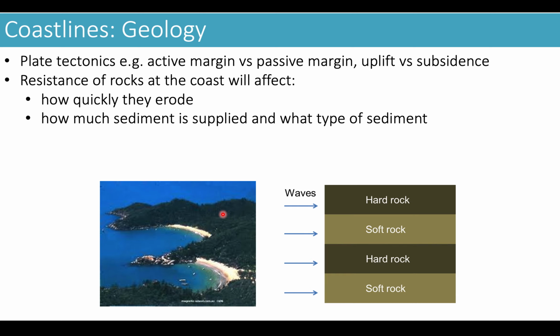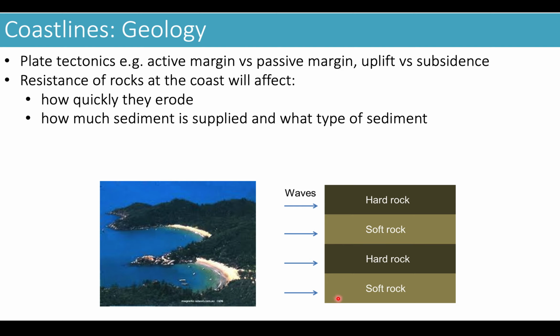If you're a geologist looking at this picture, what you're thinking is, oh, right here, this is very hard rock. This is very soft rock. Here we have hard rock again, and here there's very soft rock. Because the waves along this coastline were able to very easily erode the soft rock, whereas the hard rock resisted the erosion.